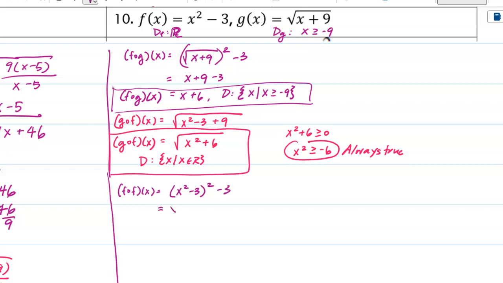I am going to do it. x to the 4th minus 6x to the 2nd plus 9, and then minus 3. x to the 4th minus 6x squared plus 6. That's f of f of x. The input function was all real numbers, and the composite function is all real numbers. You can put in anything for x.